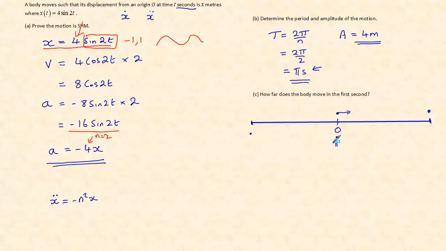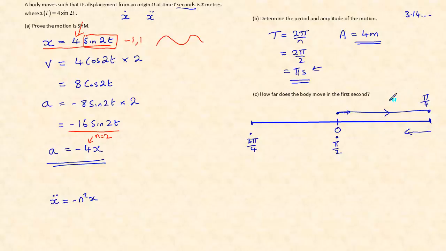So it's going to be back at the middle halfway through that motion, pi by 2. So that means this is pi by 4, and this would be at 3 pi by 4. Now pi, of course, is 3.14 and something, so pi divided by 4 is less than 1. So it's actually going to do this and come back a bit.